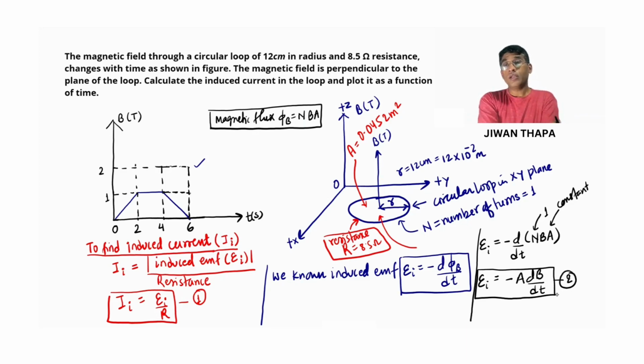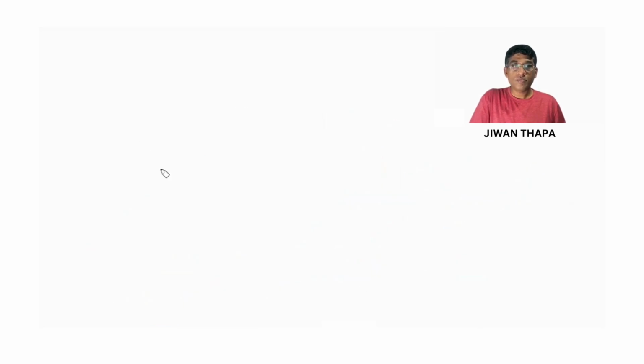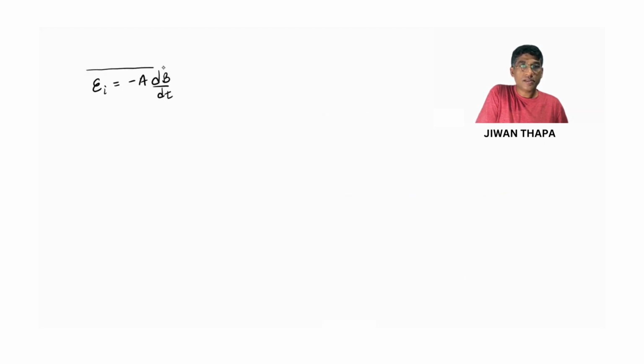Now we have to generalize equation 2 for this graph or diagram. So I repeat once again, we have to generalize equation 2 in order to use it for this given diagram. Induced EMF equals minus A dB by dt, this is equation 2.